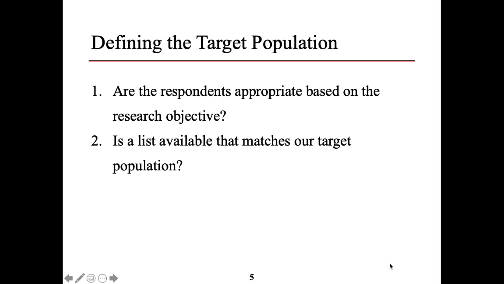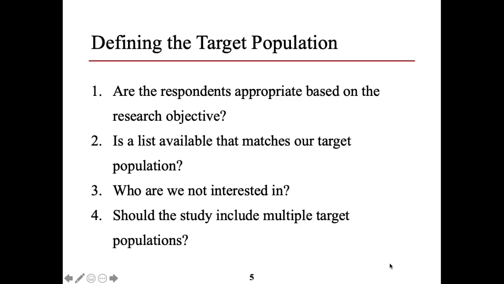But is there a list available that you can actually use to target and sample from? A next question would be, who are we not interested in? This is going to weed out a lot of people from your sample that you're not going to be interested in, and those who aren't really going to apply to what you need.